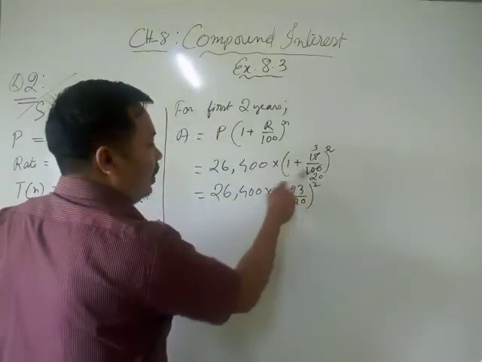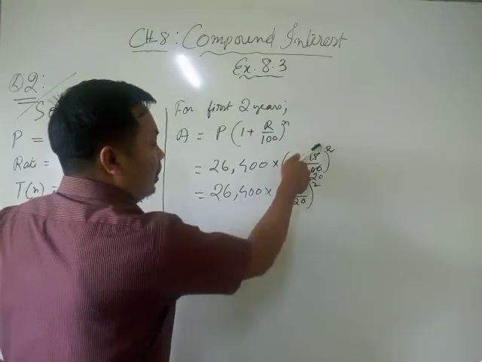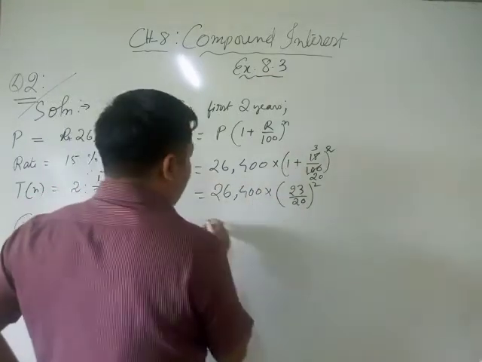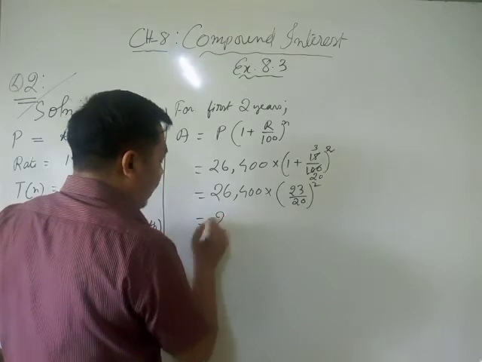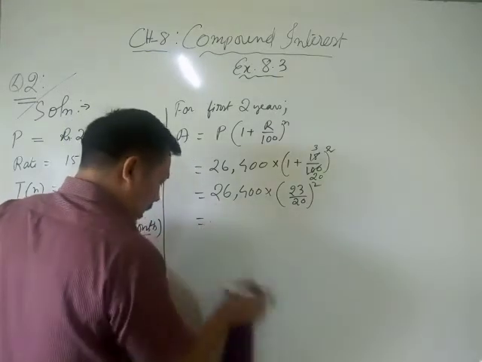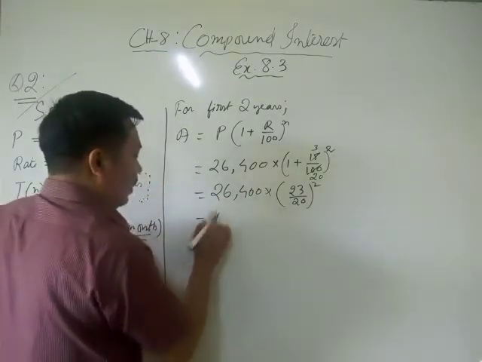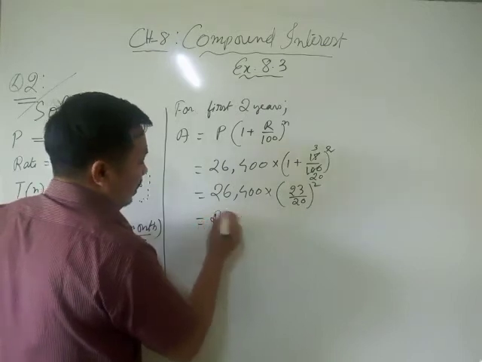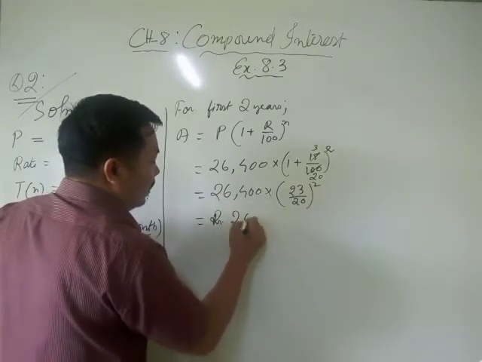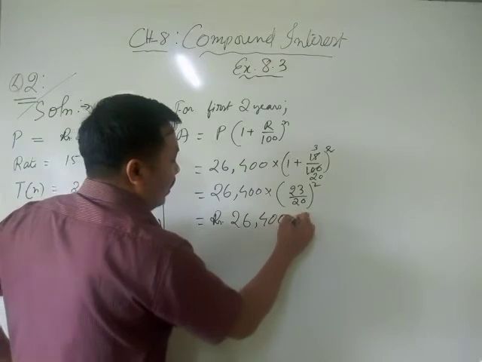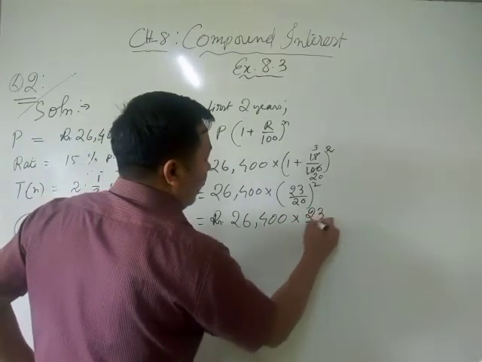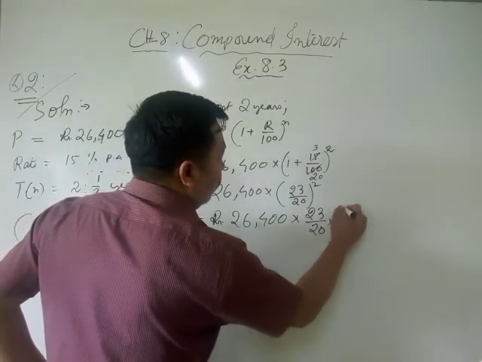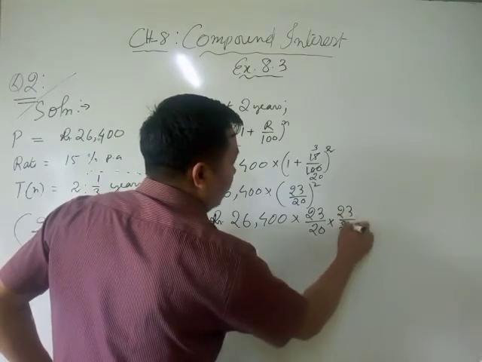LCM 20, 20 plus 3, 23 by 20. Clear? Now you have to calculate the amount by this multiplication. Amount will be rupees 26,400 into 23 by 20 into 23 by 20 like this.